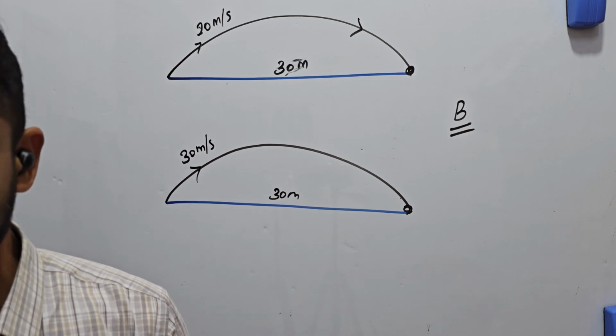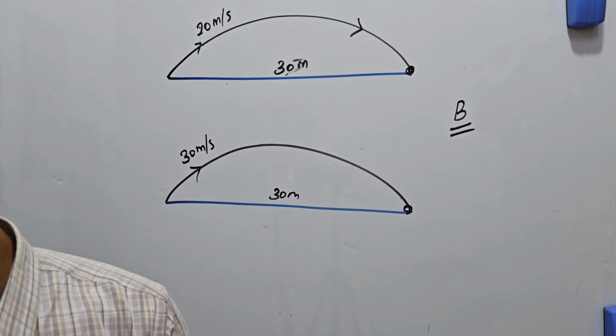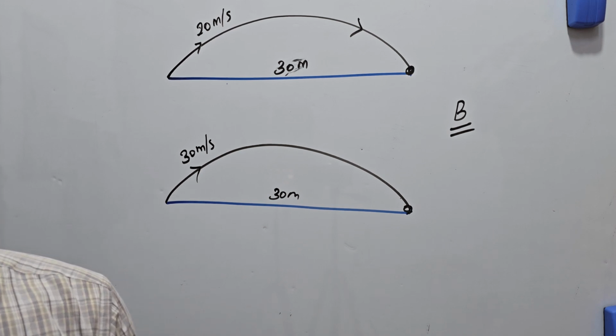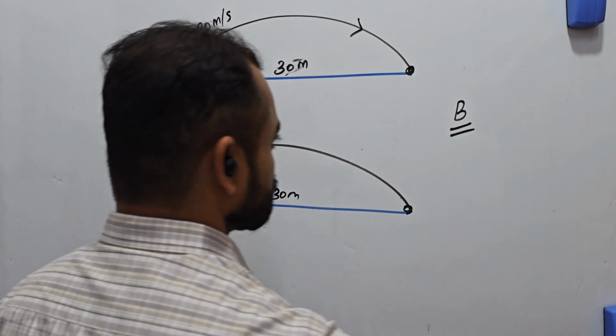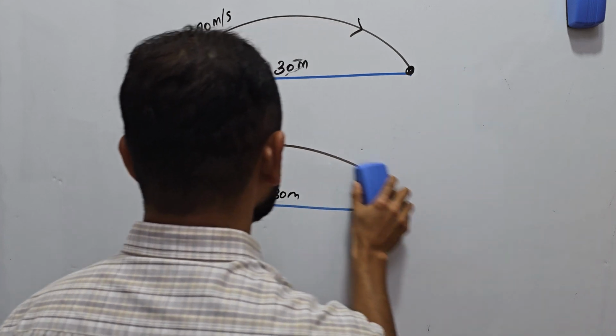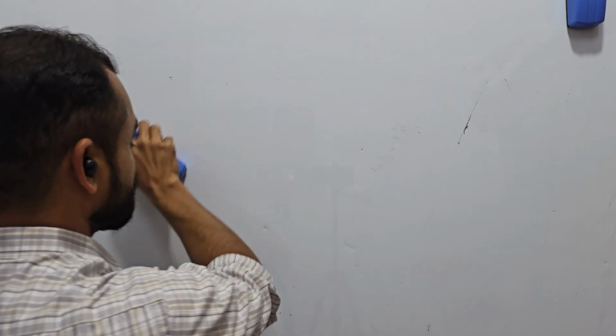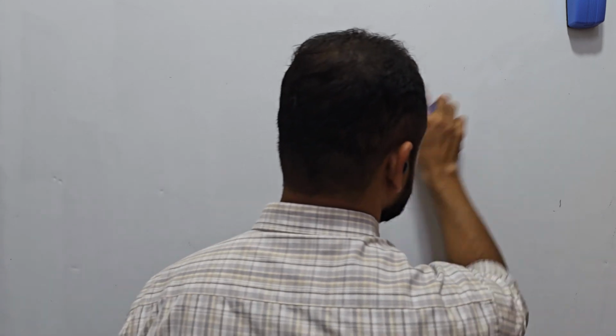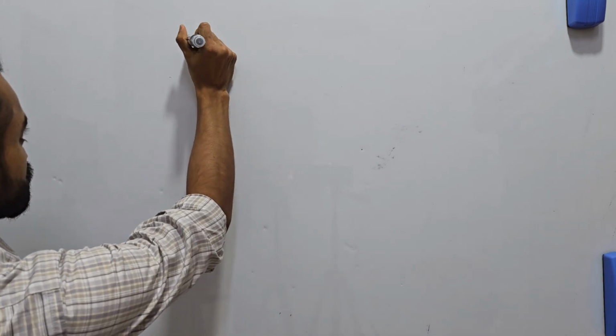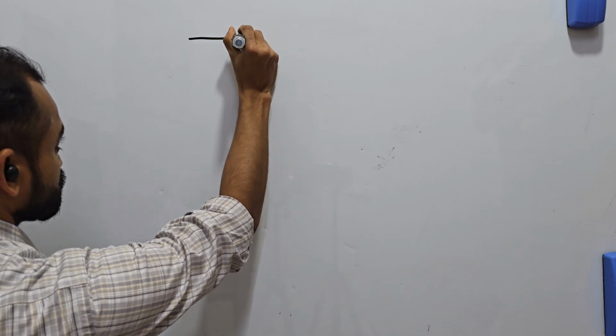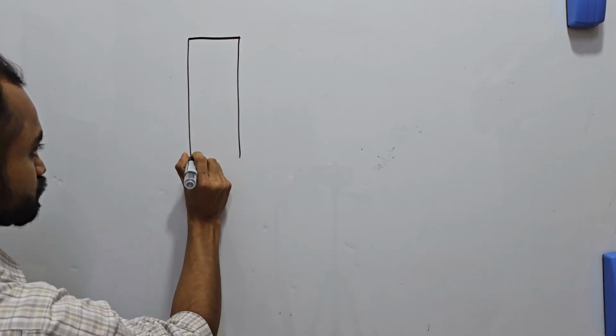Maybe a different question. For example, maybe she gave a question like this. This question they may ask in the exam, and I think this question is not in the worksheet and in the textbook. So we will explain that.